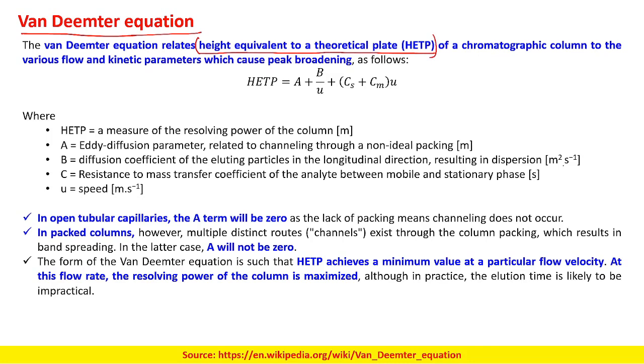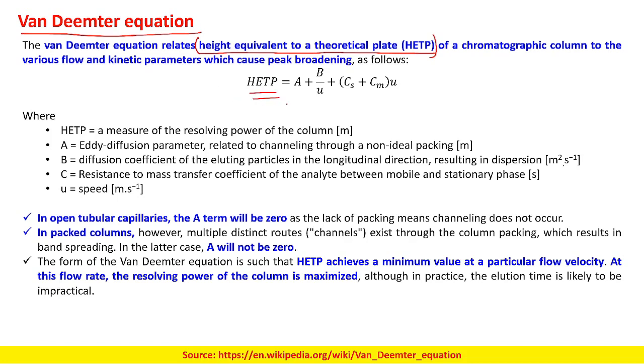Okay, so plate height and height equivalent to the theoretical plate, both are the same thing. However, in the Van Deemter equation, you have more variables which have been included that may affect the resolution of the plates.